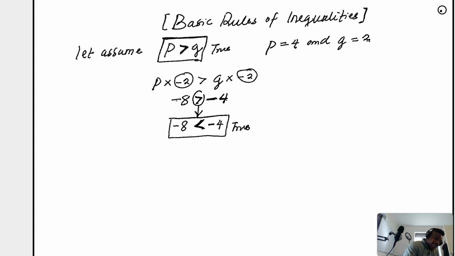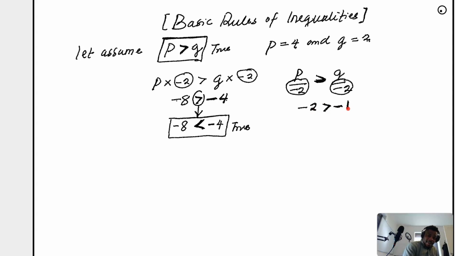So the same thing here, if I divide by -2. Okay, P divided by -2. What is P? 4. 4 divided by -2, that is -2. And Q, which is 2, divided by -2, that is -1. You can see that -2 is not greater than -1, but it's saying -2 is greater than -1.